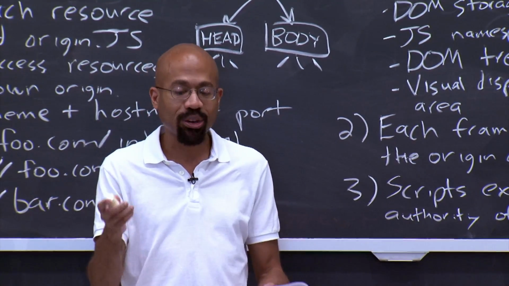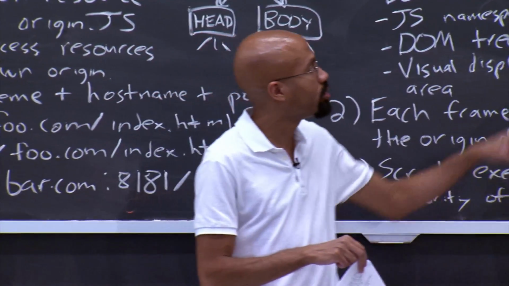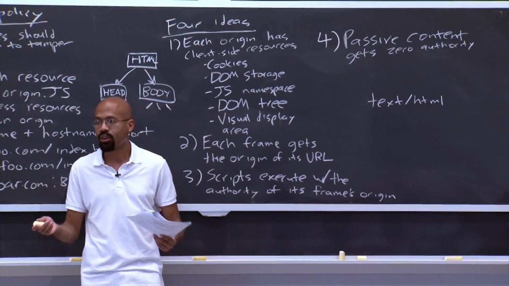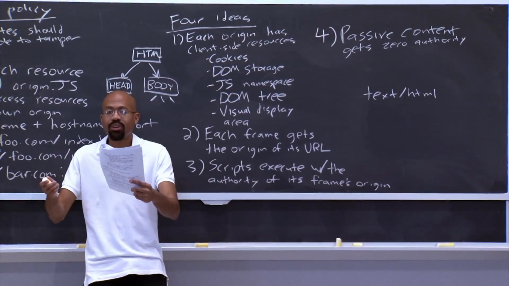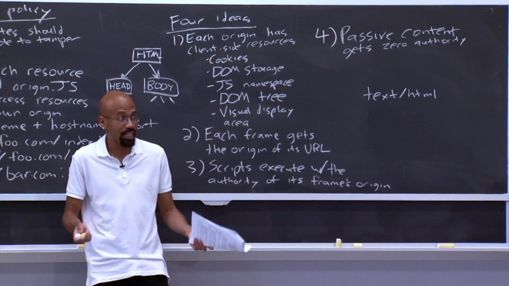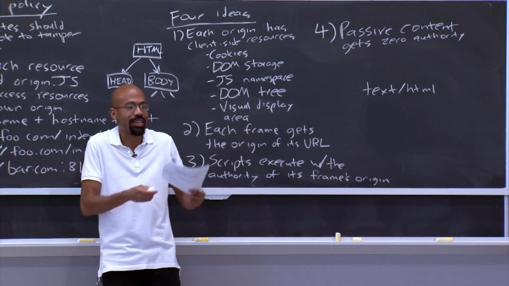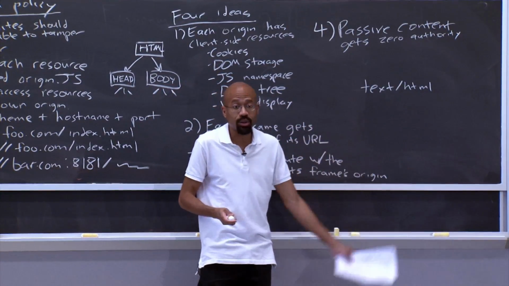But this is clearly a vulnerability. Suppose that a page includes some passive content, like an image from a domain that's controlled by the attacker. From the perspective of the victim page, even if this attacker site is evil, it's passive content. It can't do anything. At worst, it displays an unfortunate image, but it can't actually access any code, because passive content gets zero authority.